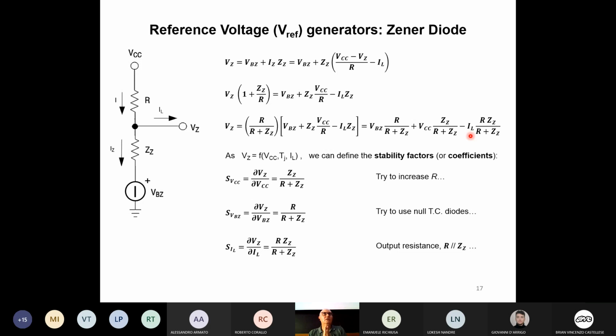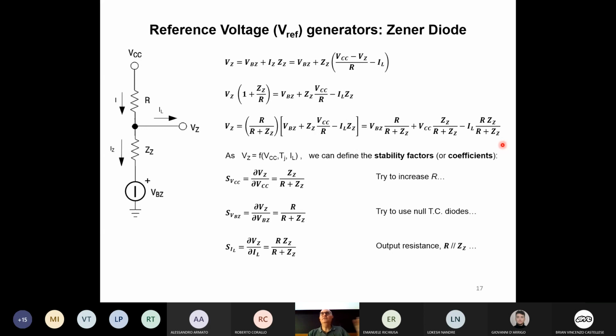Okay, so if I know the load current, I have this term here. So actually, this is a function where the output voltage VZ is a function of VCC, of IL, and of TJ, because TJ changes VBZ. So inside VBZ, we have the temperature.